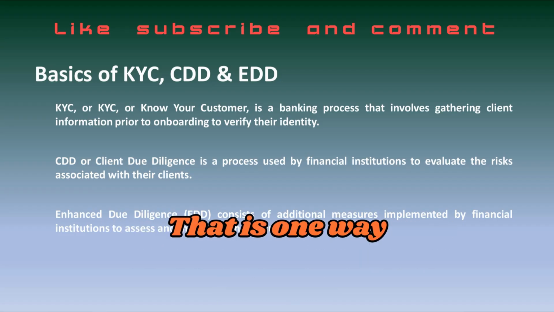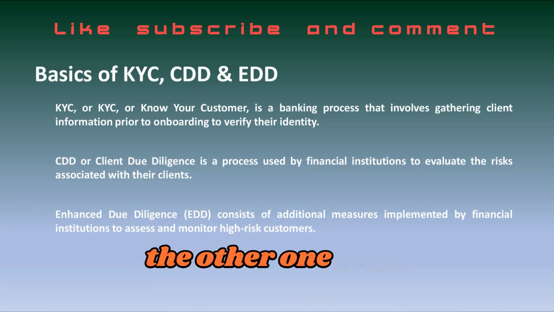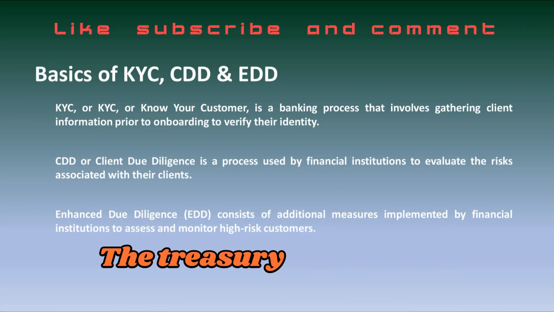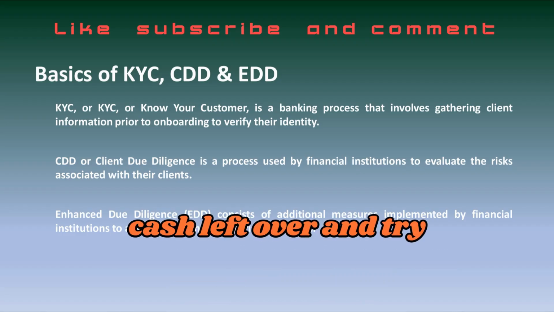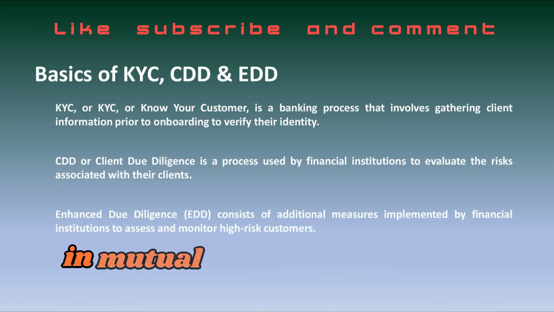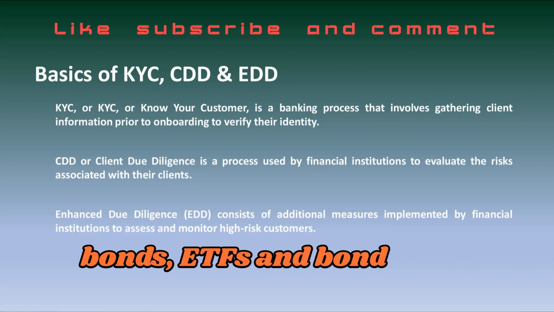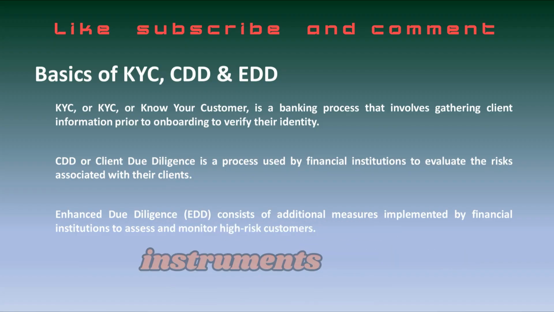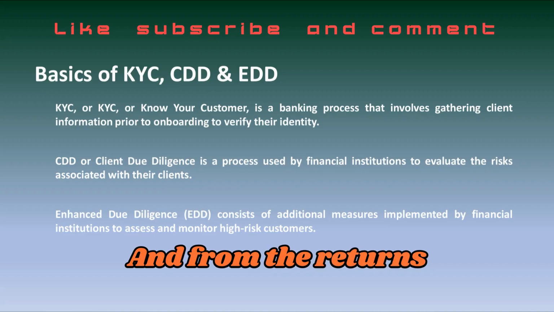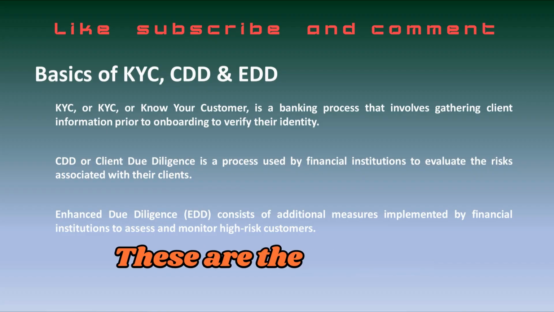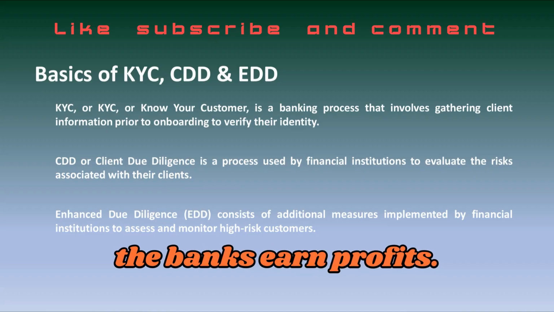That is one way of profit making. The other one is from the treasury department. The treasury department takes over the excess cash left over and invests in mutual funds, gold bonds, ETFs, and bond deals, and some other financial instruments, and from the returns the bank earns profits. These are the two ways the banks earn profits.